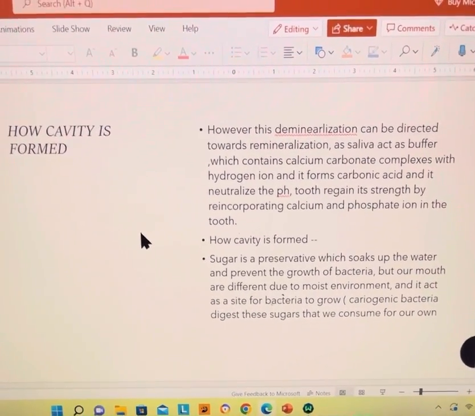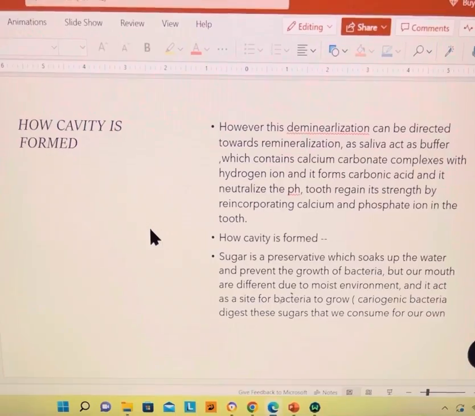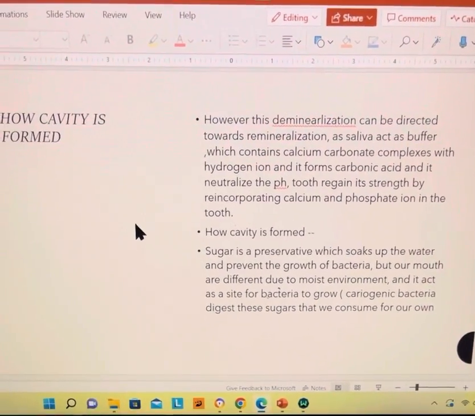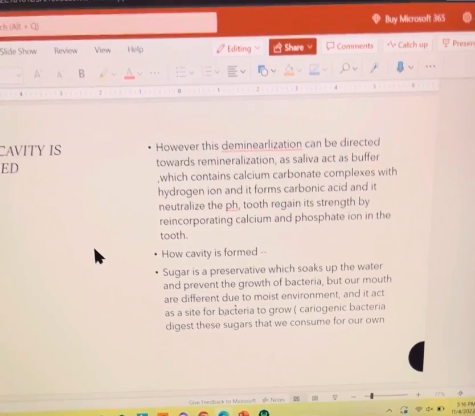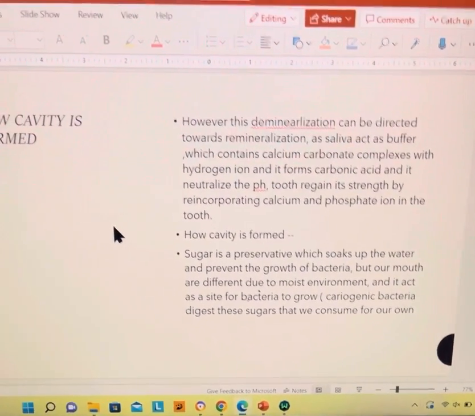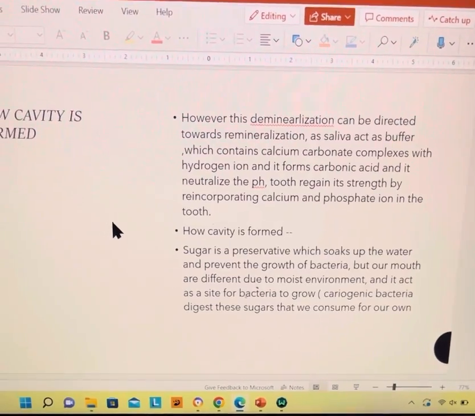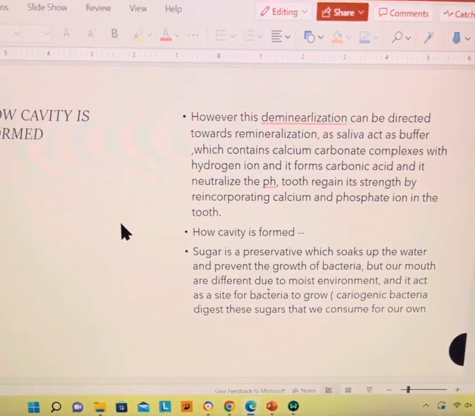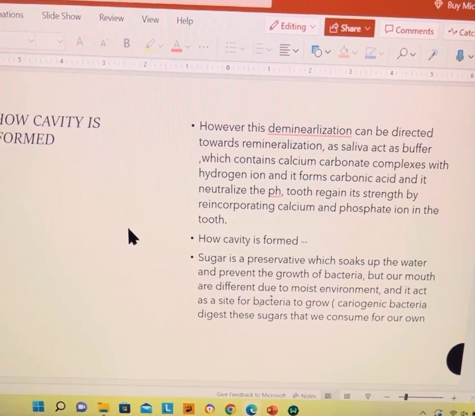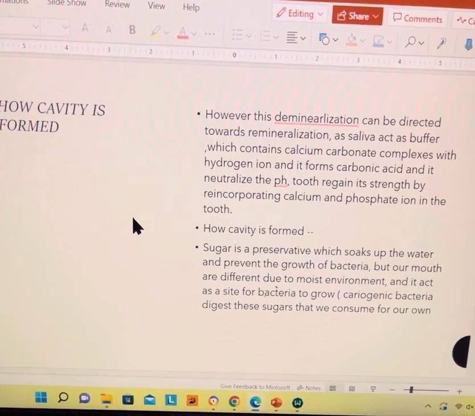Next, how does this demineralization take place, or how is the cavity formed? Sugar is a preservative because it has the ability to soak up water, and in our mouth, due to its moist environment, it acts as a site for bacteria to grow.